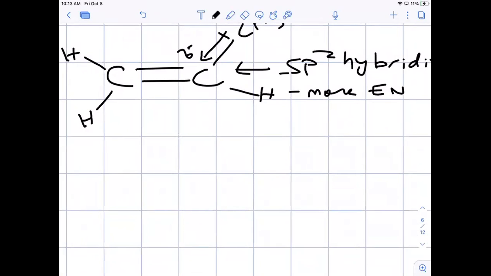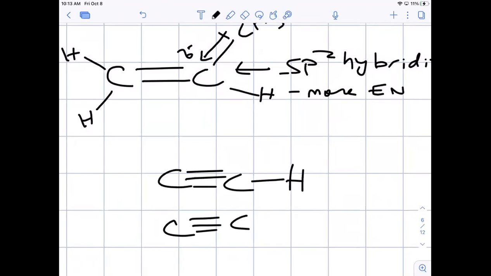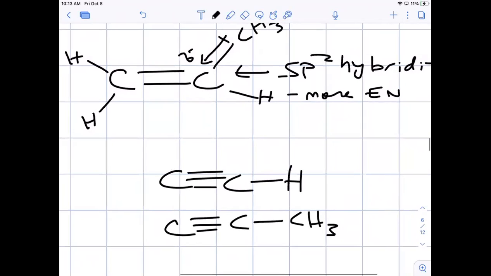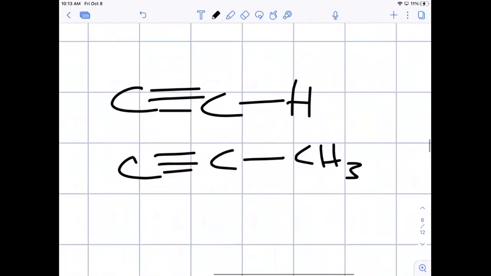And then sp, with those electrons being even closer to the nucleus, you see again the increase in electronegativity. So with that, you can think about the same thing, right? If you have an sp hybridized carbon, like you have something like this versus this, you can think about the carbon-carbon sigma bond again.